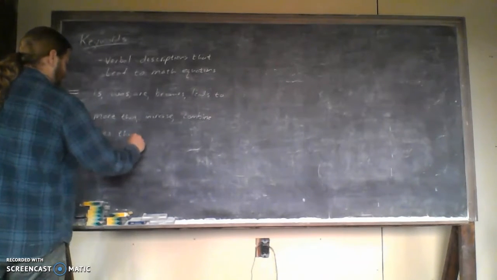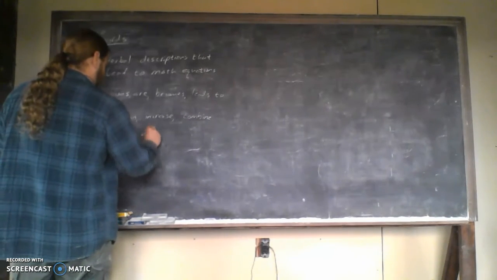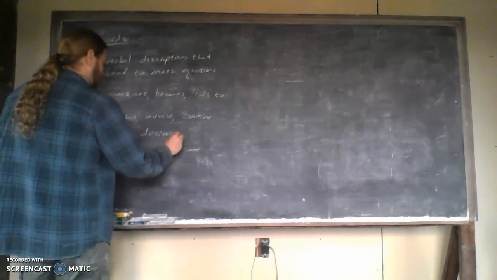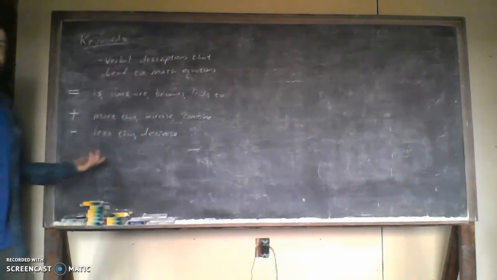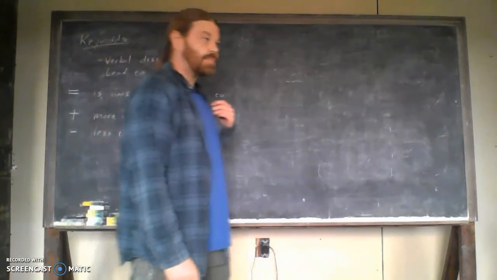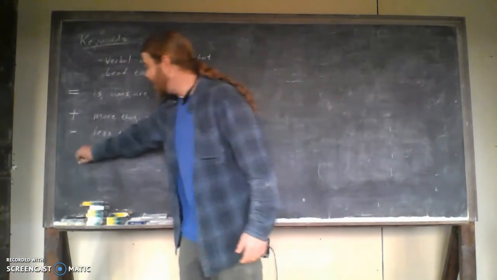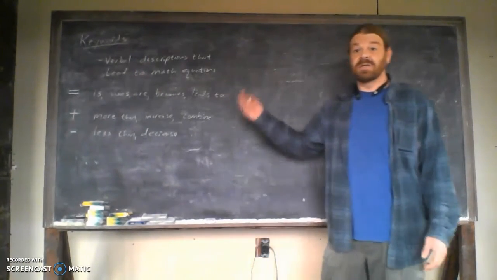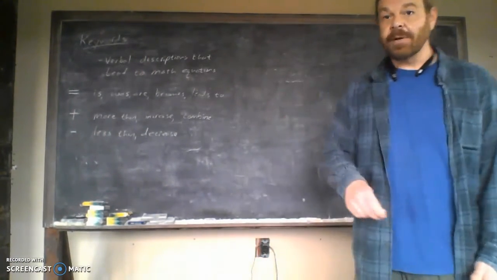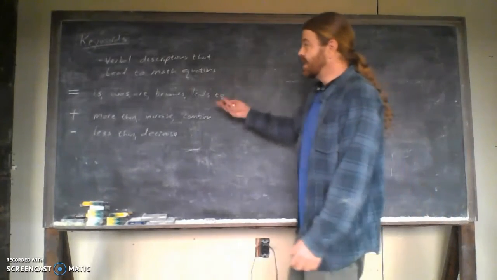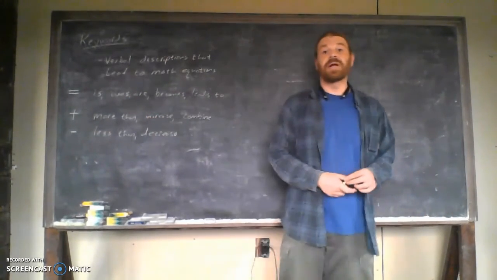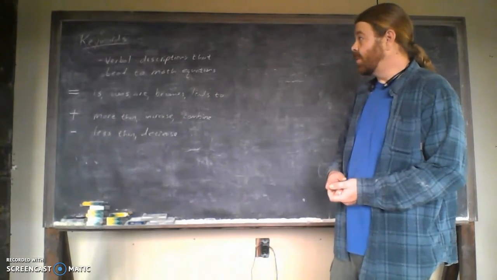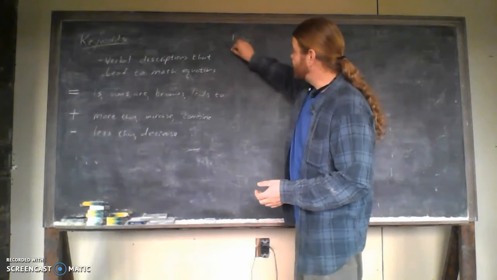We'll start with less than, decrease. Basically, any word that means decrease. Anything that's going to bring up decrease. And for all our operations, we have keywords like this to look for. The list could go on and on and on. English is a huge language, but hopefully the idea makes sense. Some sort of keyword that we can look for to put together a mathematical operation. And that's going to lead into some algebra stuff.